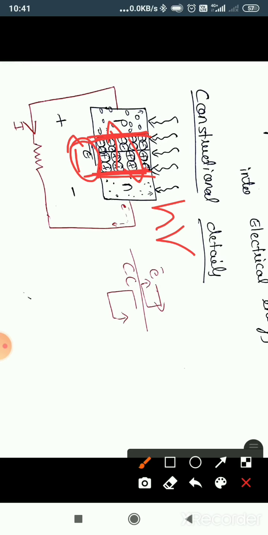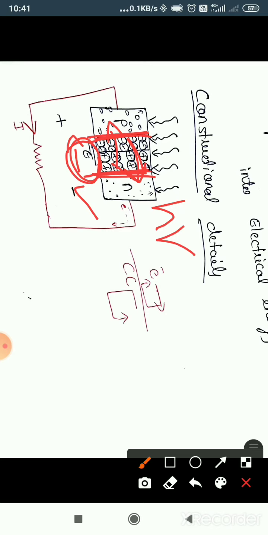Because of this electric field, the electron hole pairs generated by the solar energy on the p and n junction are under the influence of this barrier potential, and they are swept back to their respective regions. Electrons go back to the n region and holes go back to the p region.